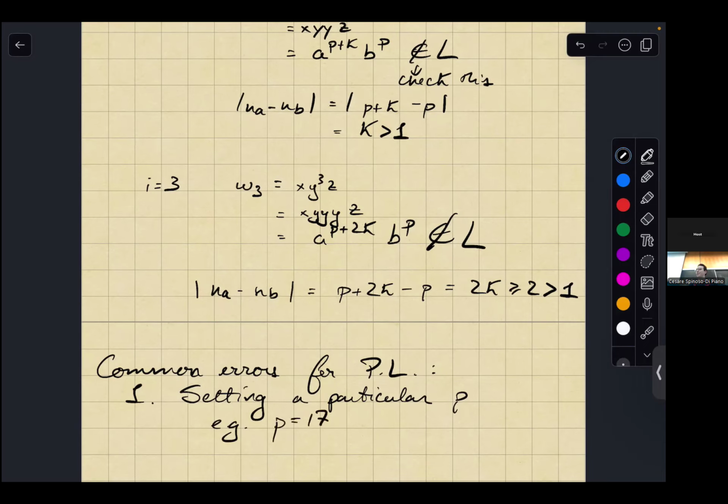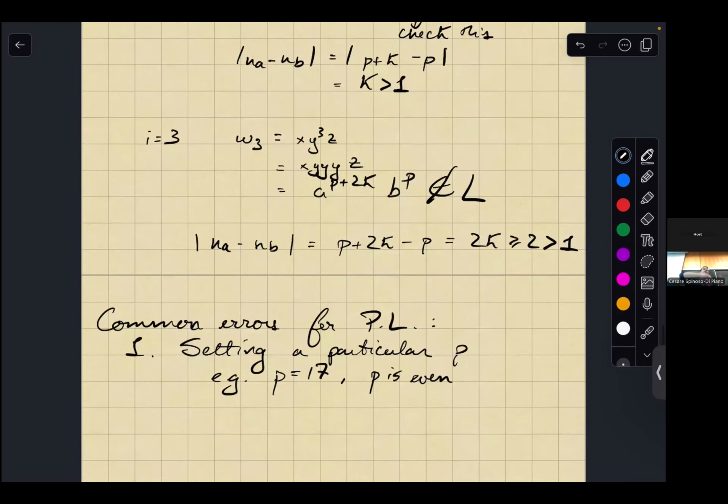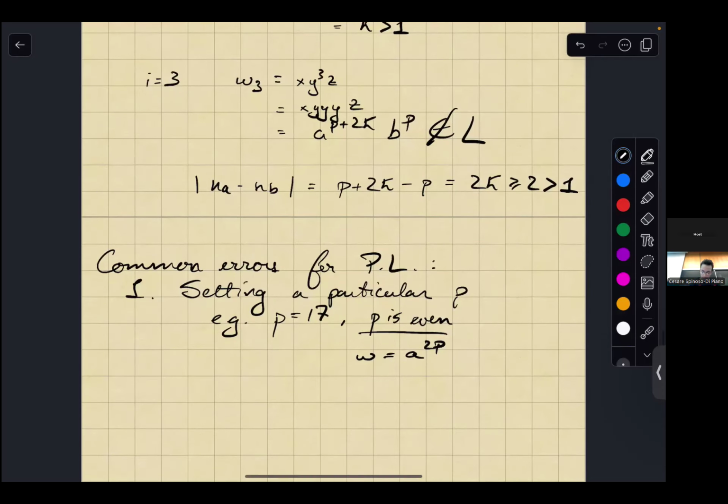P cannot be 17. You do not choose P. Your opponent chooses. Sometimes they say, P is even. You cannot make P be even. P is whatever your opponent wants it to be. If you want to make the length of your string even, then you have to do something like W is A to the 2P, something like this. Okay, so that's the first thing.